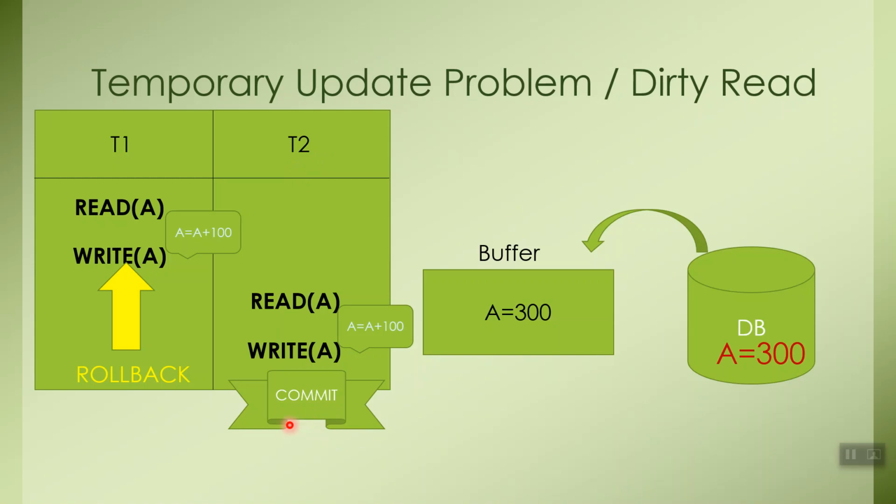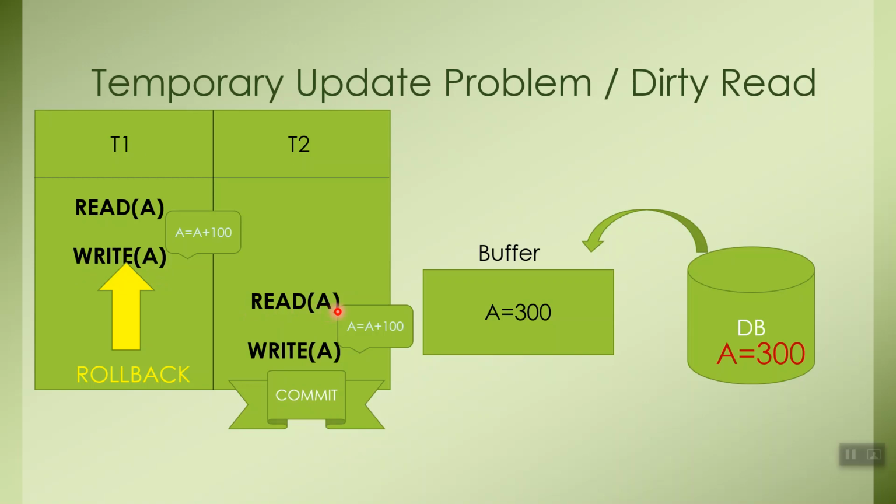T1 has executed this statement, manipulated the value of A and incremented it by 100. That temporary value which was updated by T1 and which was present in the buffer was read by transaction T2.